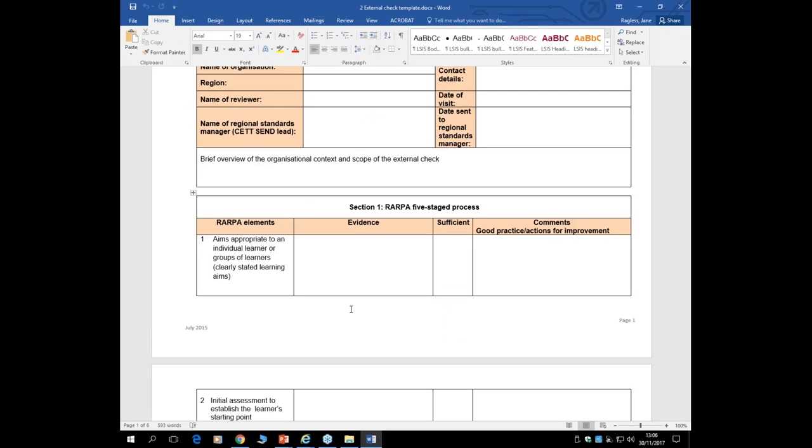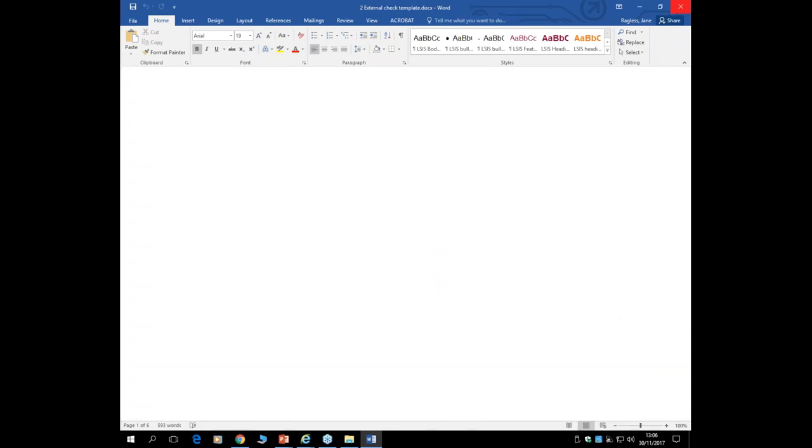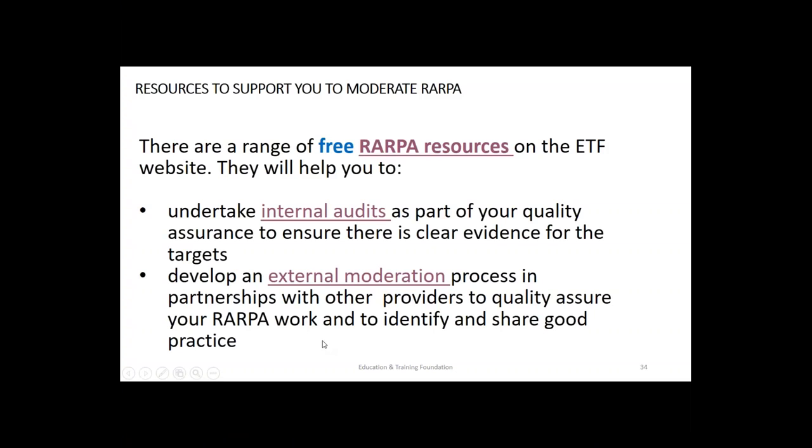And that's really nice. It gives you a clear network, ideally with at least 3 colleges working together to share your good practice, advise each other, look at what you're doing, and just make sure that everything is in place. It's very helpful to go through that format and just network and agree what some of the issues are as we go along this journey, and some of the ways that we have managed to sort it out and solve it.